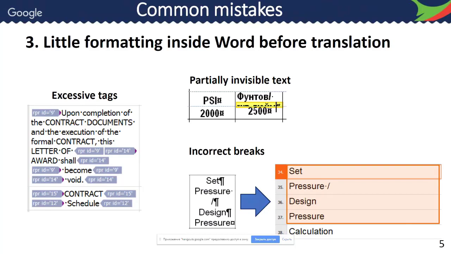Some of the common issues, such as incorrect paragraph breaks, excessive tags, partially invisible text, and layout issues, can be easily fixed using Trane Suite or custom macros. These issues are invisible in most cases, but they will cause major headaches during translation and post-formatting of the final document.